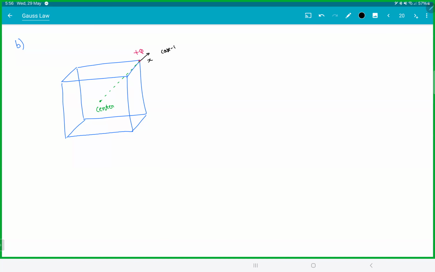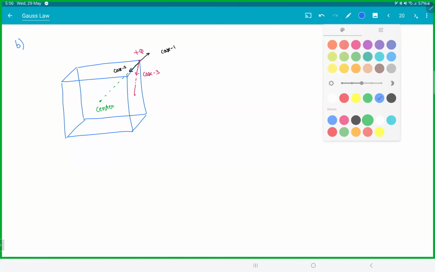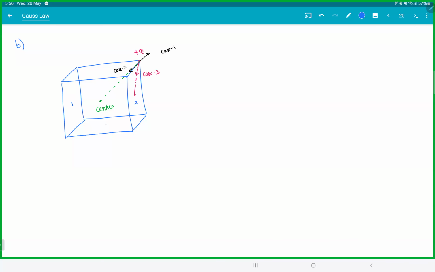This is case 1. Case 2, case 3. This is 1, 2, 3, 4, 5, and 6.